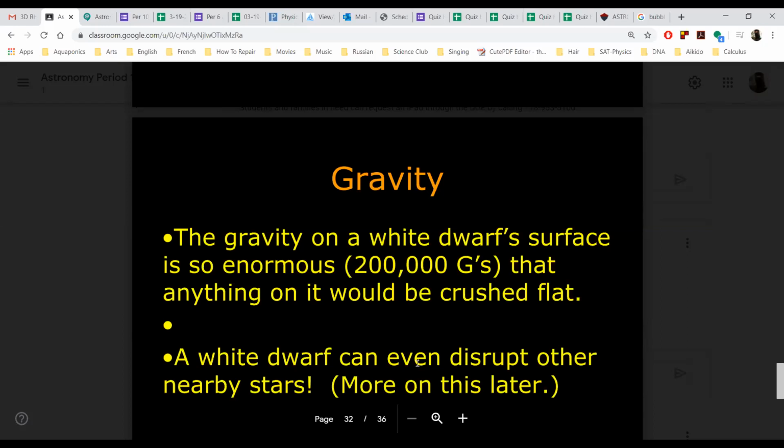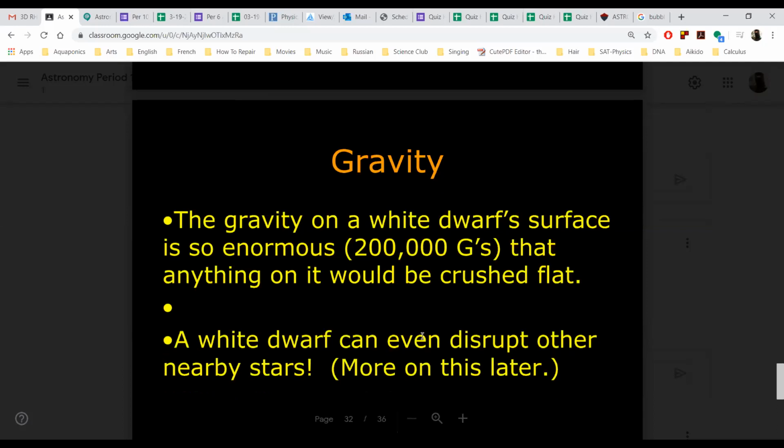Now, if this kind of object becomes a rogue star, meaning that through interaction with other stars it is slingshot out of its system, it may become disruptive to other stars. It's quite small, but it still has a lot of gravity.